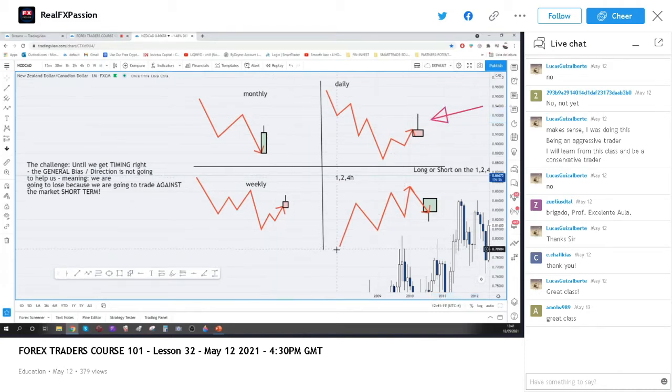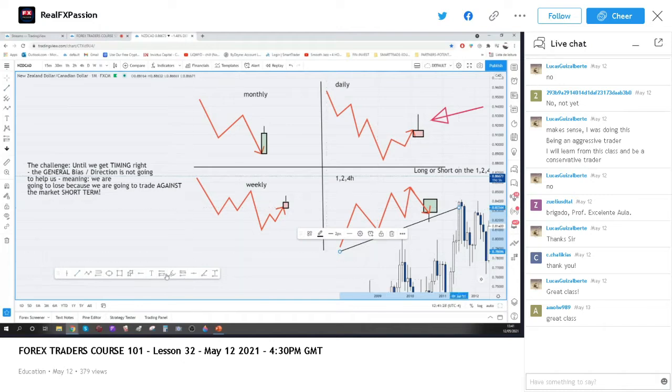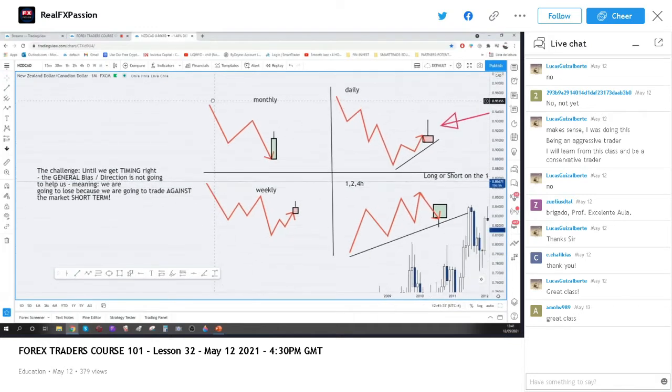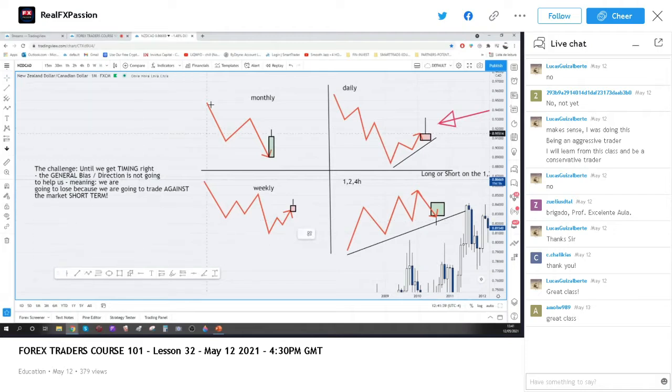We can help ourselves with an uptrend line in here, right? Uptrend line in here, and we can help ourselves. There is an uptrend line in here too, right? And there is a downtrend line in here on the monthly, right?